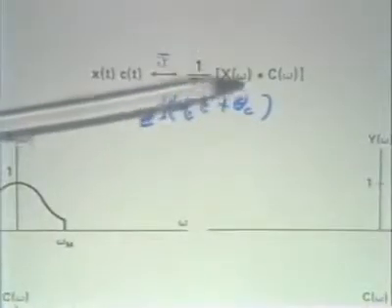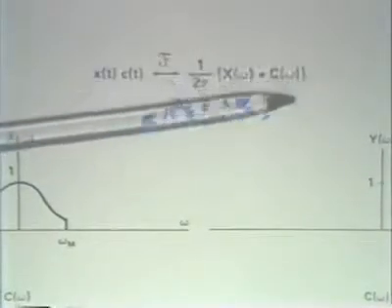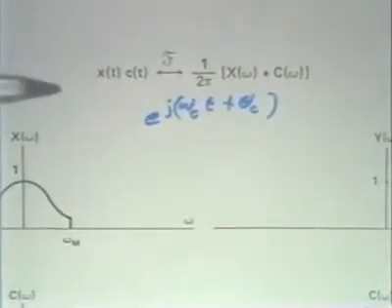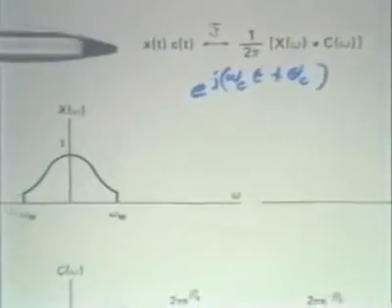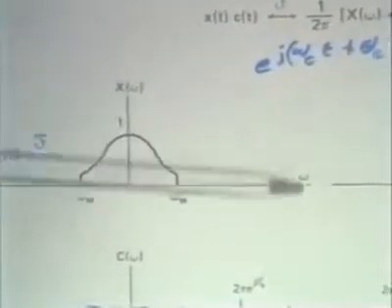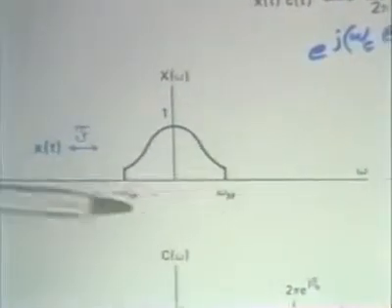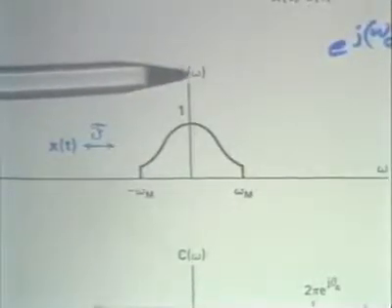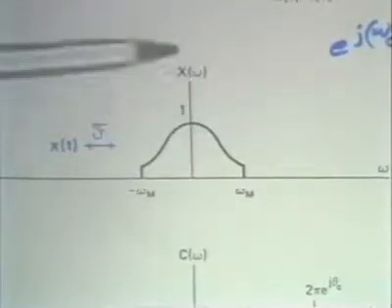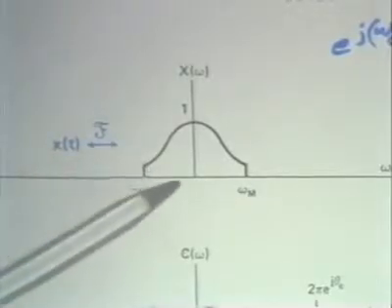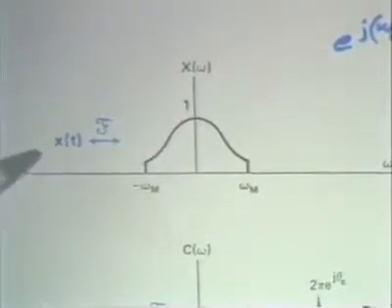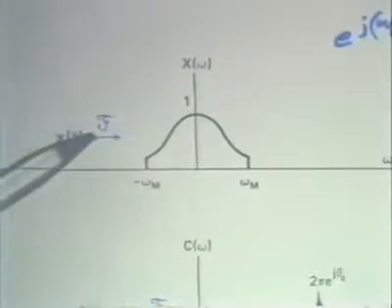Well, we can do that by concentrating on the modulation property. And let's consider just as a sort of general form for a spectrum what I've indicated here for the Fourier transform of the input signal or modulating signal, X of omega. And so this is intended to represent the spectrum of x of t.